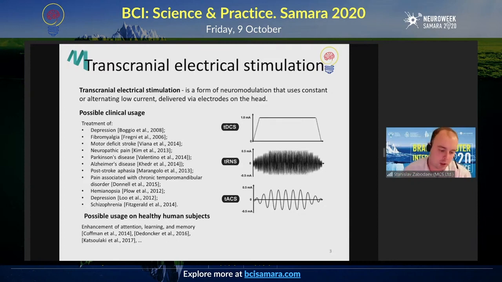It's hard to talk about a specific universal device that would be commercially available that you could use as a university student to turn on some device on your head and improve your memory. This is not what we are talking about at the moment. This is just the initial stage of some major studies.